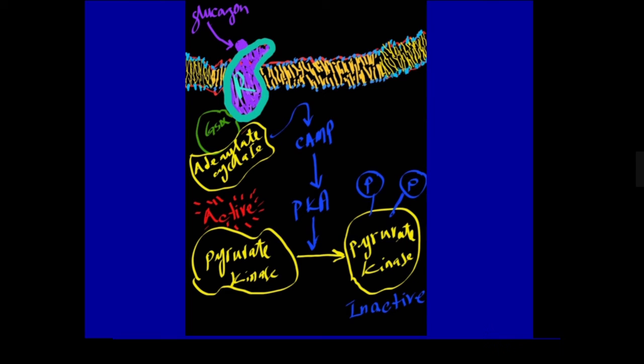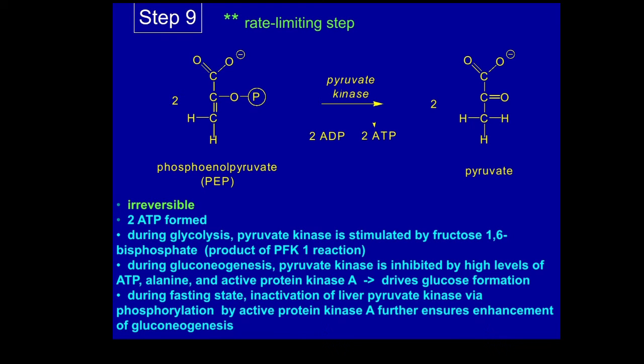I want to say one more important thing here. Pyruvate kinase, there's a known inherited deficiency in this enzyme. And it affects, most importantly, red blood cells. Red blood cells, as I mentioned before, are entirely dependent on glucose for their energy needs because they don't have mitochondria.